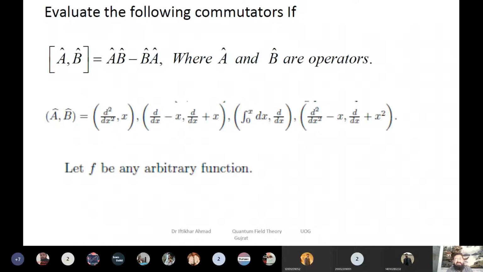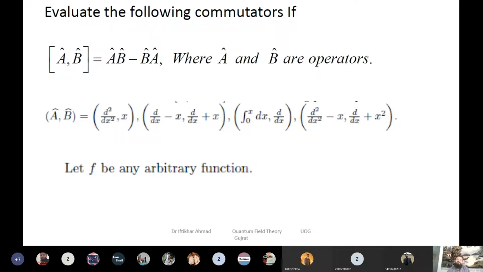Suppose the first is d squared over dx squared and x, the second is d over dx minus x and d over dx plus x, the third is the integral from 0 to x dx and d over dx, and the fourth is d squared over dx squared minus x and d over dx plus x squared.